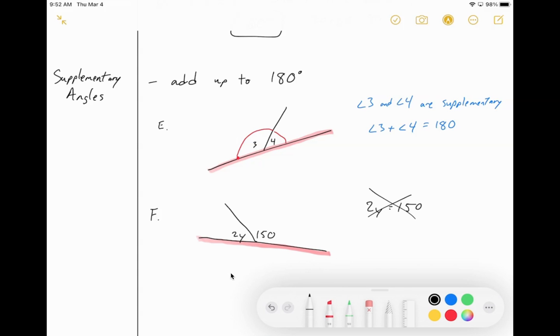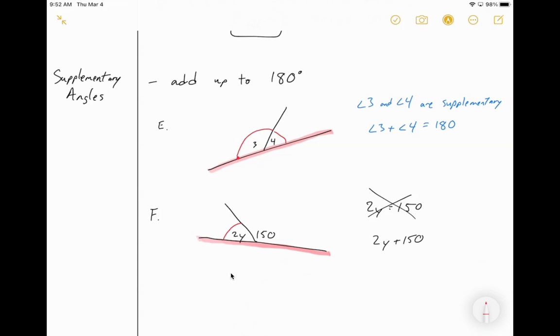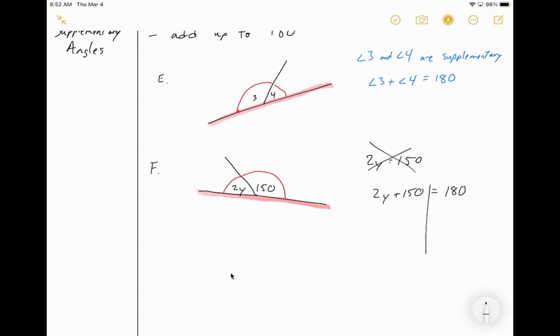So that means that if I go 2y plus 150, again using my analogy, 2y is how far that'll take me, and then 150 will take me the rest of the way. 2y plus 150 should equal 180. Okay, can I solve that? Yeah, that's what we did last chapter, right? Let's go ahead and draw our wall.